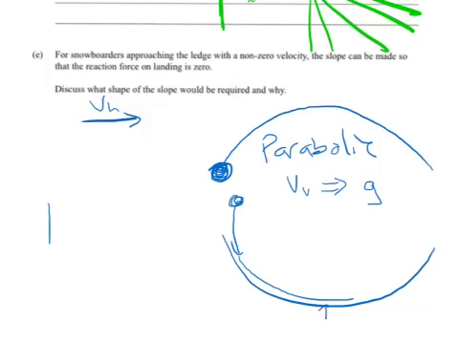But initially, the force on landing, you'll have zero or very close to zero. Hang on, my mind's just shut down. Anyway, the answer is parabolic because it has to provide a gradually increasing force so that the person's body doesn't experience that force all of a sudden.